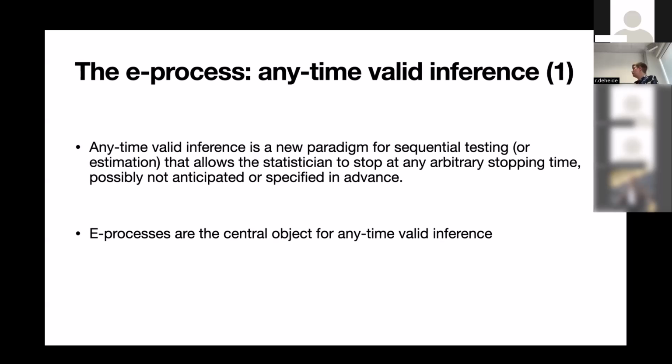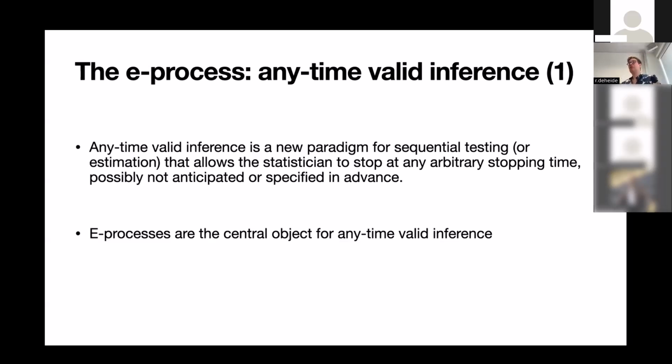So if you have a research and it looks promising, and you think, this might be something, but my e-value has not reached 20 yet, and I really want that. And you go to your boss and you say, do you have some more money for 10 more subjects? And your boss says, yeah, sure, okay, go ahead. Then you can change your stopping rule, and you can also just stop because the weather is nice.